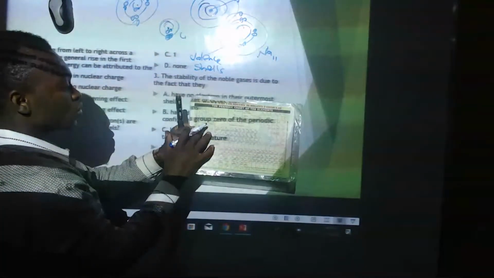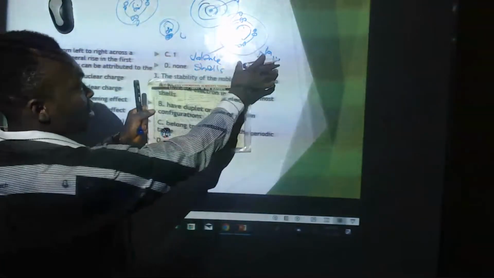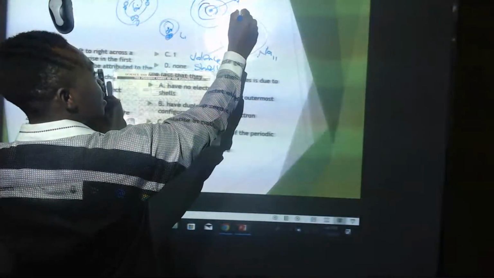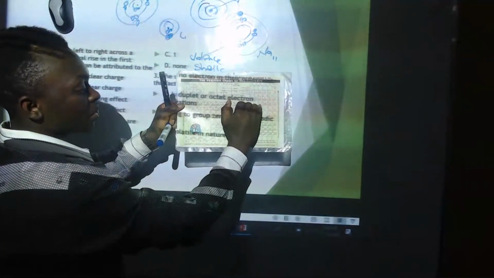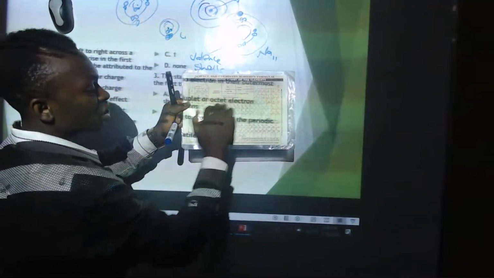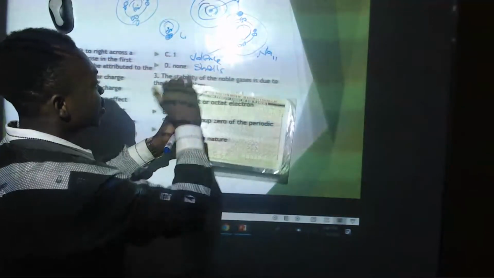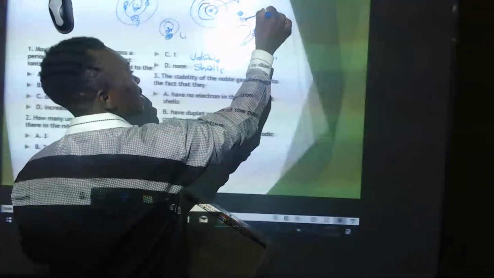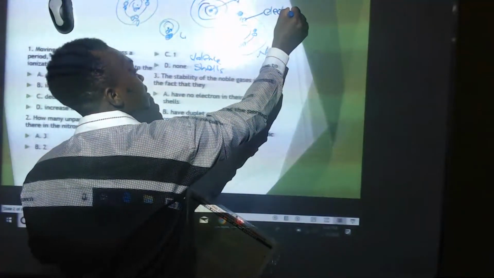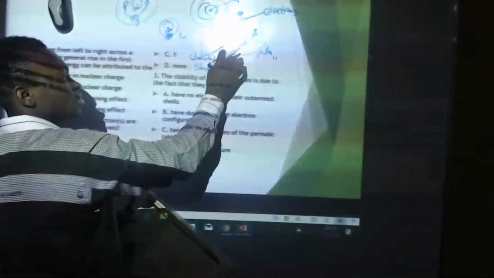Now look at sodium, having 11 again. Then look at it here: it has 1 again, 1 valence electron. So that implies that elements in the same group have the same valence electrons. Elements in the same period have the same valence shells. These are 2 different things. Valence shells are different from valence electrons. These are the electrons. These are the shells.